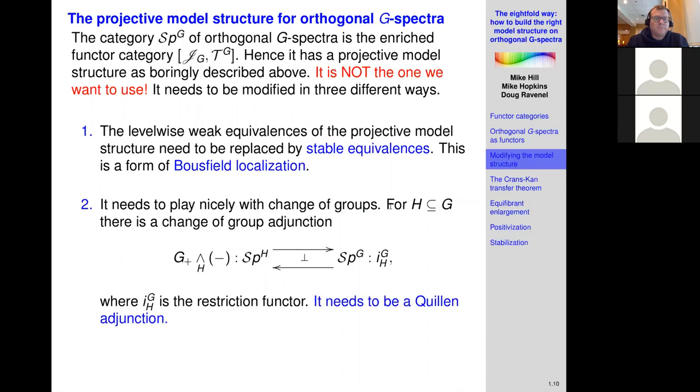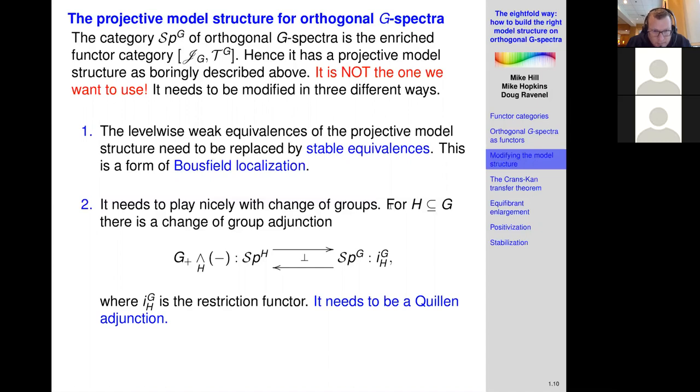Now, we want this to be a Quillen adjunction, meaning the left adjoint is supposed to send cofibrations of H spectra to cofibrations of G spectra. Now, as I've defined cofibrations previously, this is not the case.